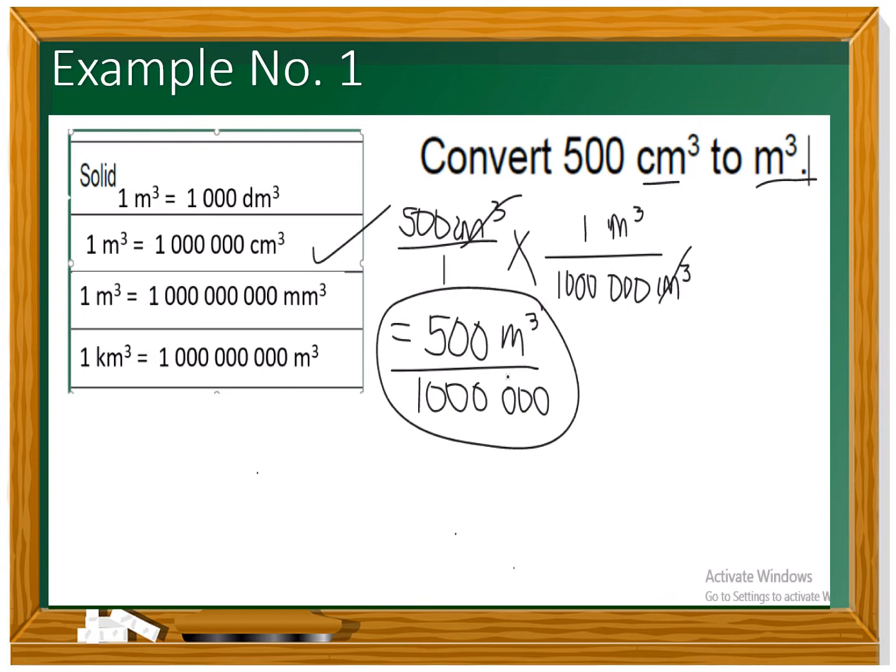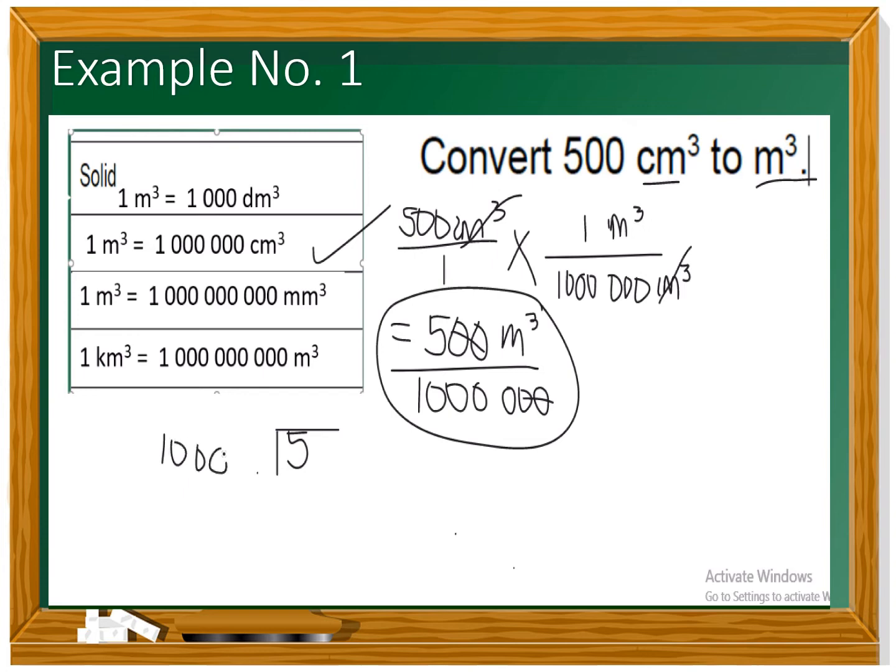So we have to divide 500 by 1 million. Let's apply the shortcut method involving numbers with zeros. So let us cancel 2 zeros here and 2 zeros on the divisor. So the new dividend now is 5, and the new divisor is now equal to 10,000.